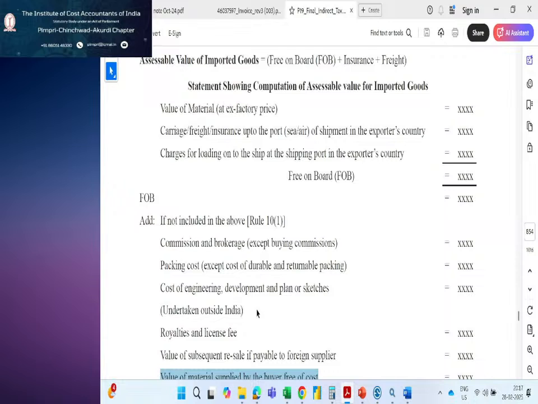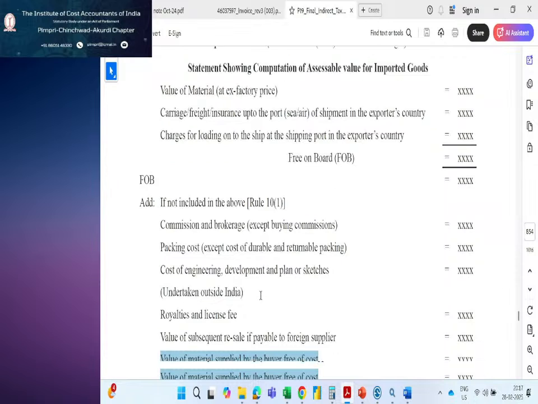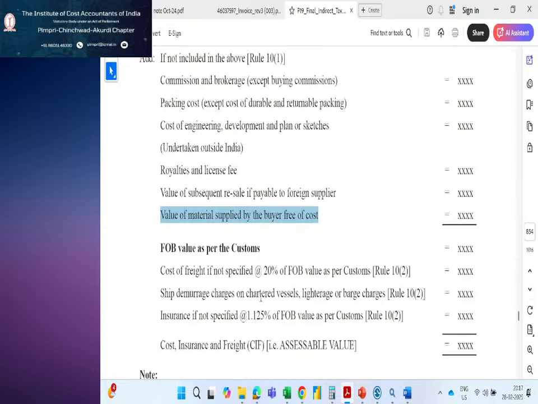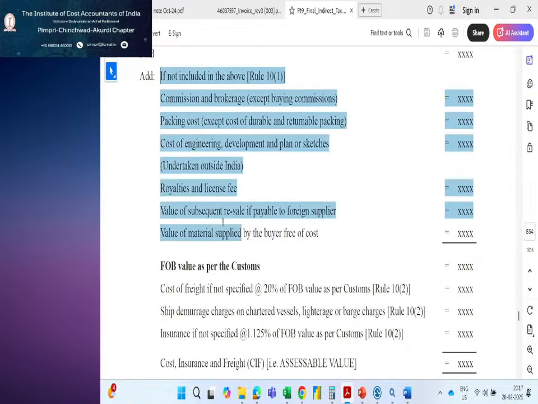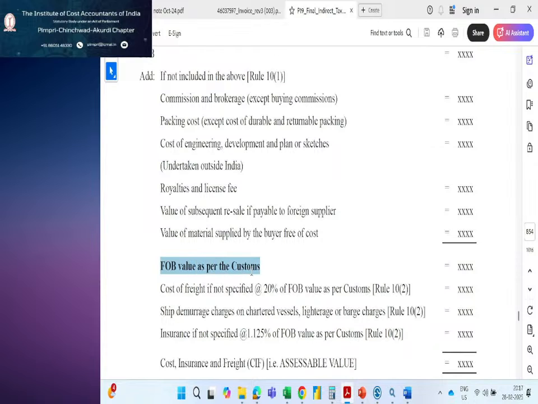So these are the items we need to consider while calculating the assessable value. Then once we add all these packing cost, commission and brokerage, royalties, we derive FOB value as per customs.